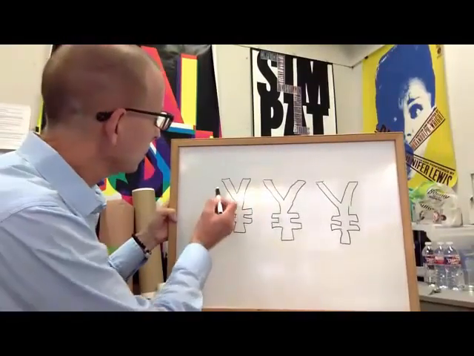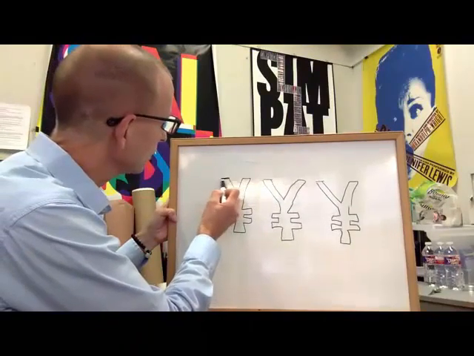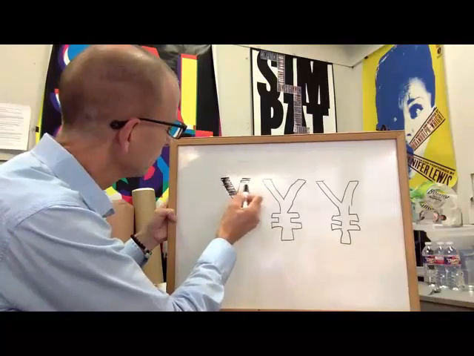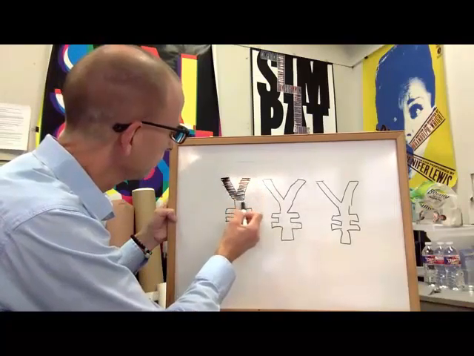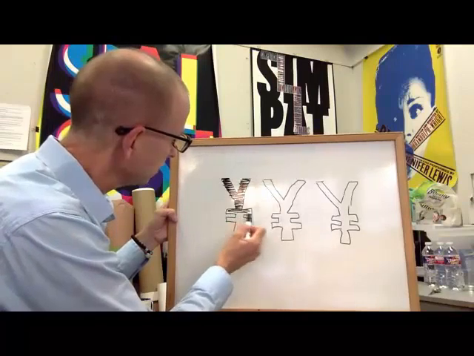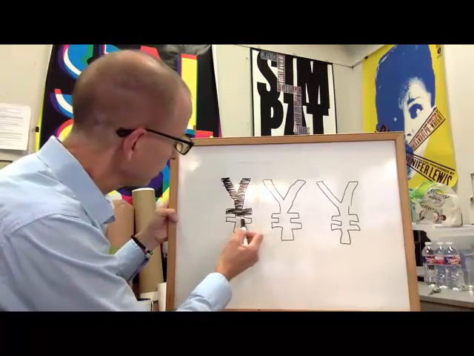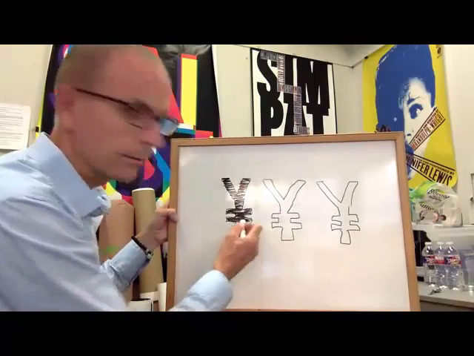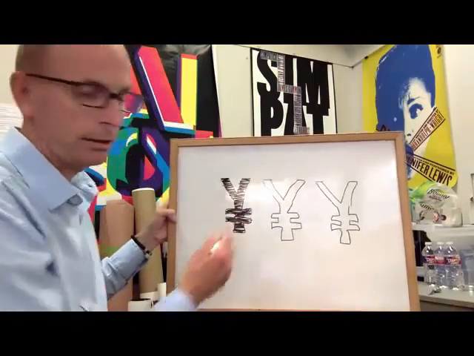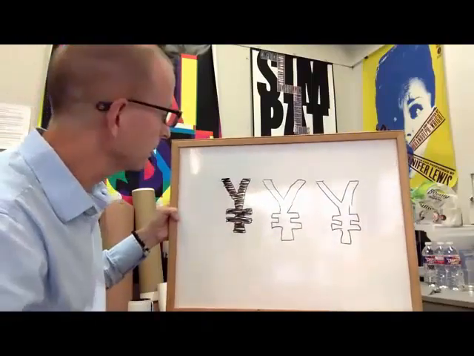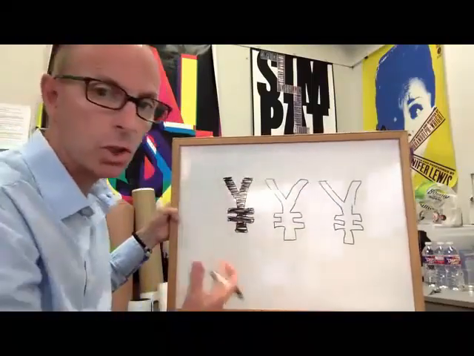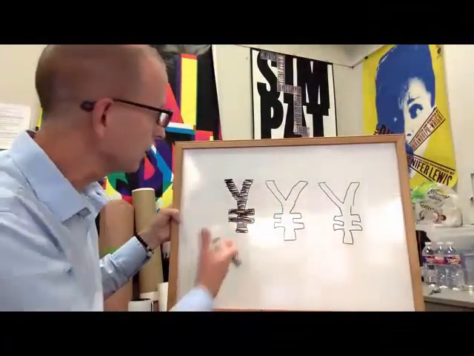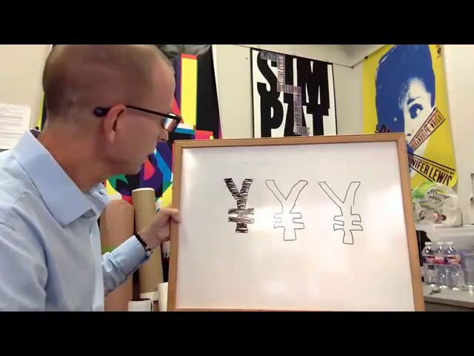And so what I'm going to do is go ahead and quickly fill in this symbol with my magic marker. You can see by my scribbling, it's creating a form of texture, right? It's not solid because I'm doing this quickly, but also I'm just illustrating this.